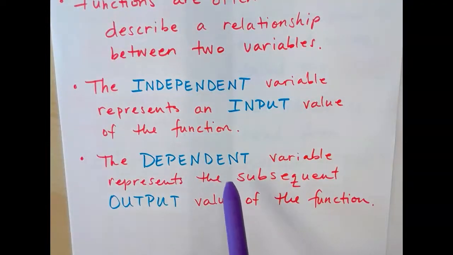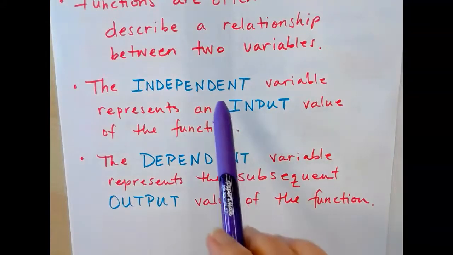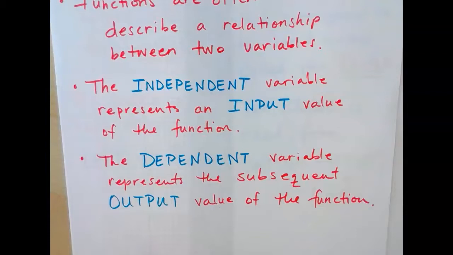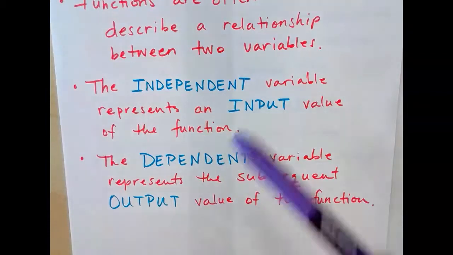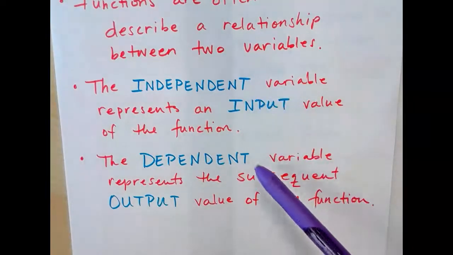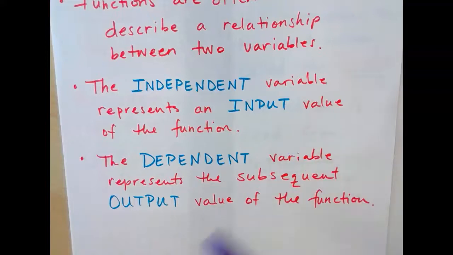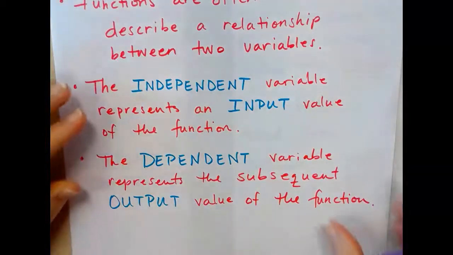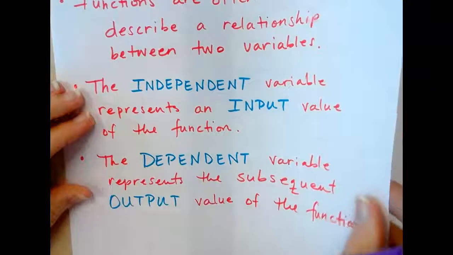Therefore, the dependent variable is waiting fervently for what the independent variable is going to be. What happens here is that the output is dependent upon the input. So more vocab there: independent variable, dependent variable.